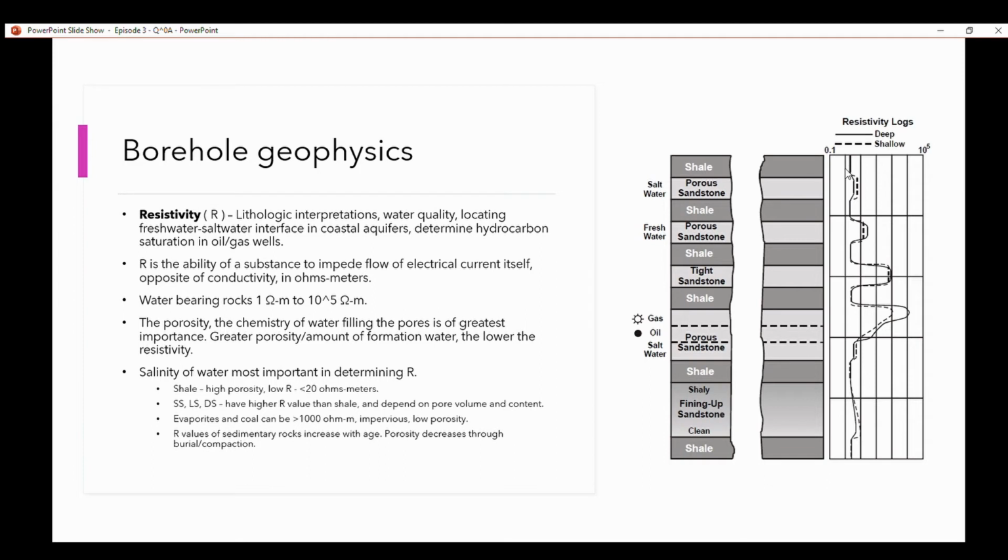The tight sandstone has the highest R, and then it starts decreasing because it has salt water here. And oil has a very high R, so that's probably why this is at its highest point. So I hope this makes sense to you guys.